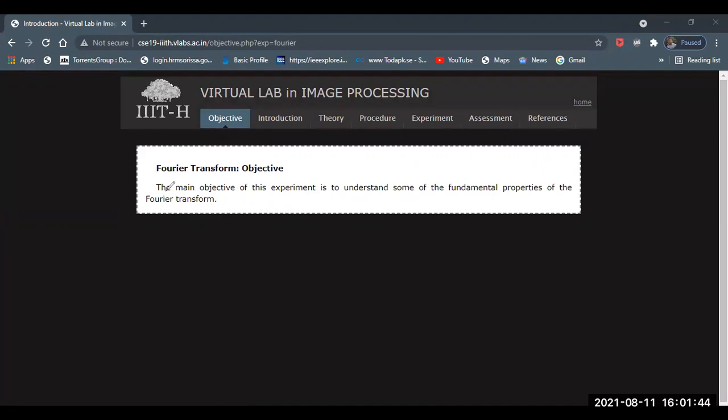One format you are very familiar with is the spatial domain representation, where we represent the image in terms of pixels. Each pixel has a coordinate x and y, and f represents the intensity level at the pixel.